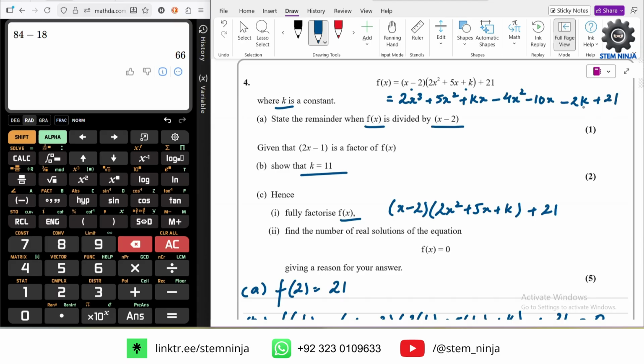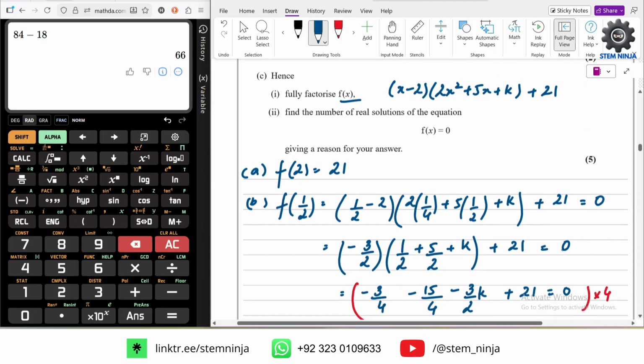And this is minus 2 times 11, so this is minus 22. Right. So this simplifies to 2x cubed, 5 minus 4x squared, and this is k once again is 11. 11 minus 10 is just plus x and minus 1.